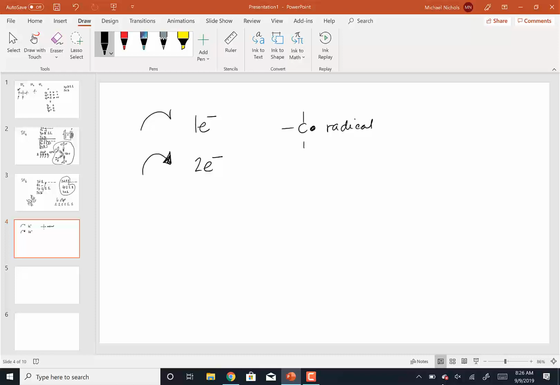And radicals are unstable species because they don't have a completed octet. And so what they will do is they will react with other species in order to get an electron, or actually get an atom with an electron to form a bond to give it its octet. So these are radicals. They're sometimes called free radicals.